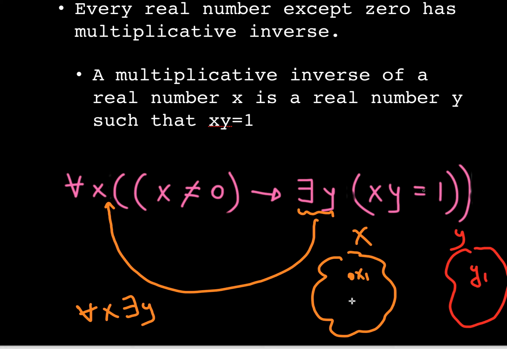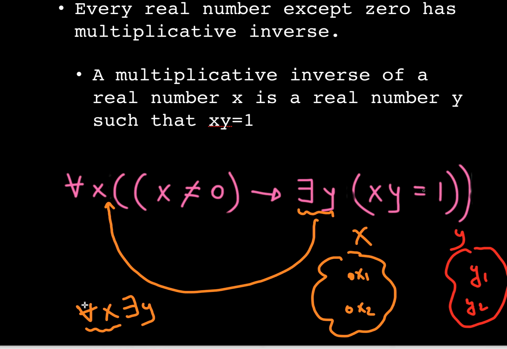If I select some other x, say x2, because I'm going across every single x, there exists again some y, which could be y1 or some other y, because there does exist some y out there for x2. But this is going to be true for every single x. For every single x, there does exist some y. That's what this statement in orange is implying.